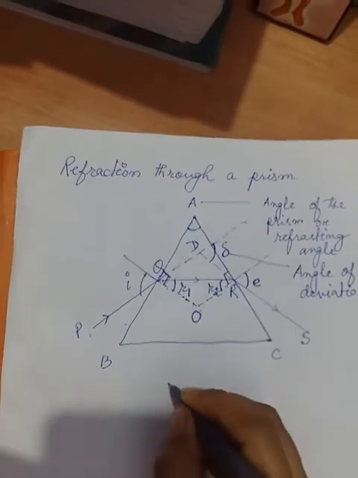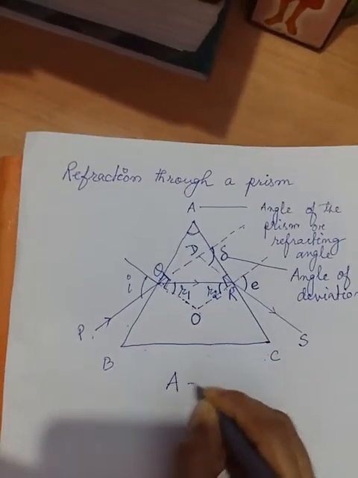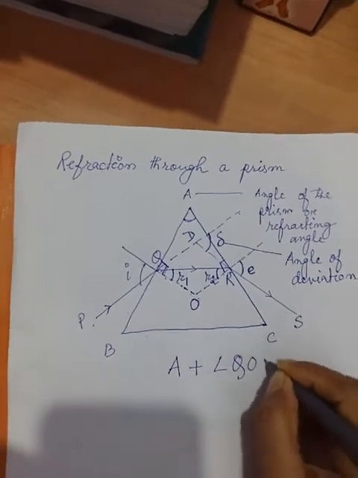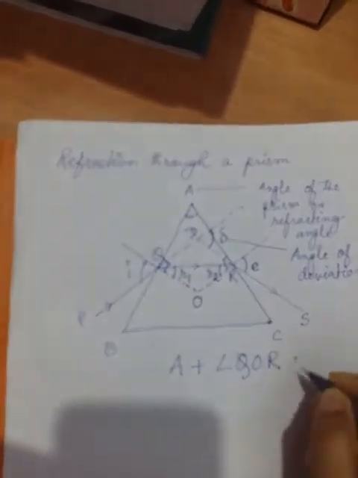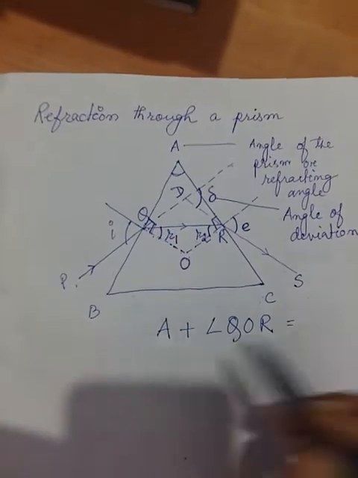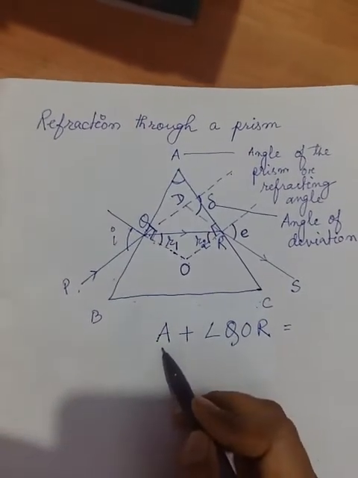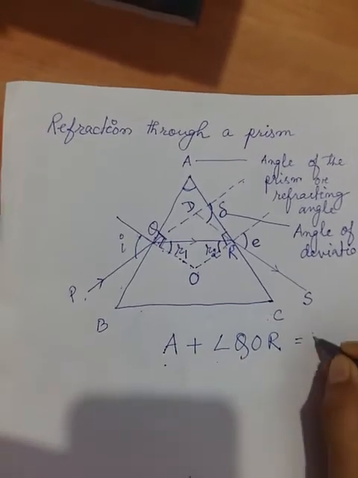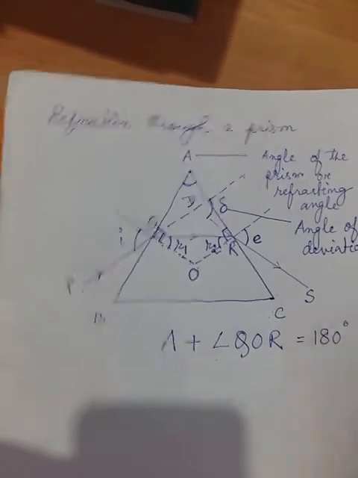So angle A plus angle QOR equals 180 degrees.